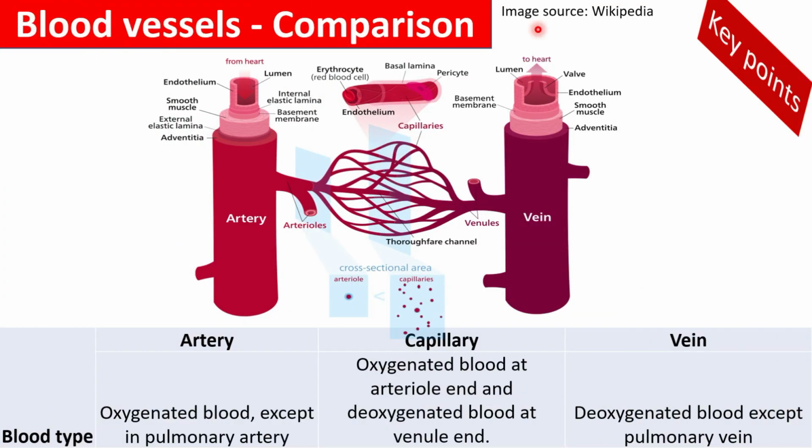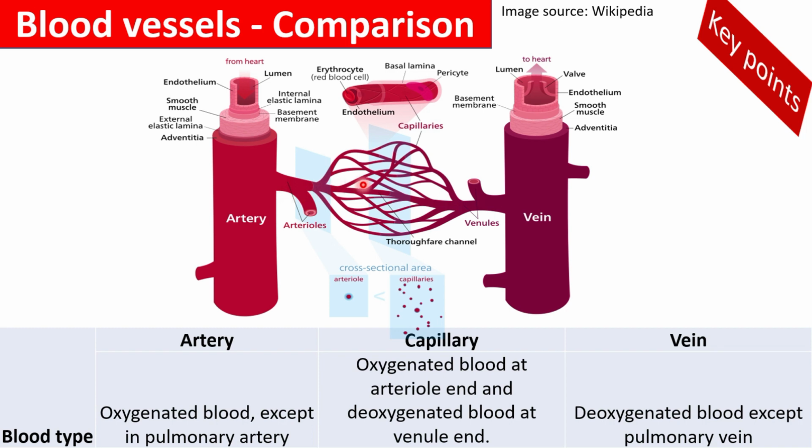Next comparison is blood type. What type of blood is carried by these blood vessels? We know very well that arteries collect oxygenated blood from the heart and they supply to different parts of the body. And in the first video we discussed in detail, there is one artery that carries deoxygenated blood, that is pulmonary artery.